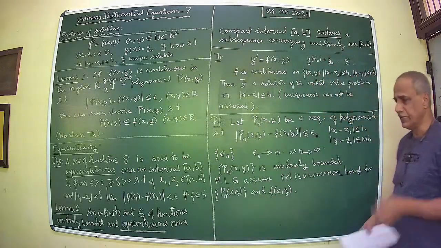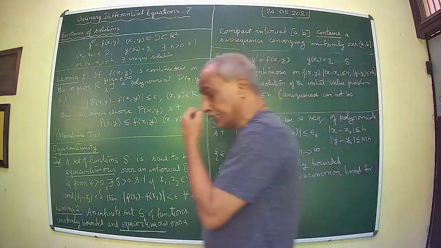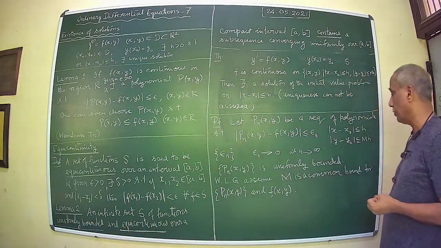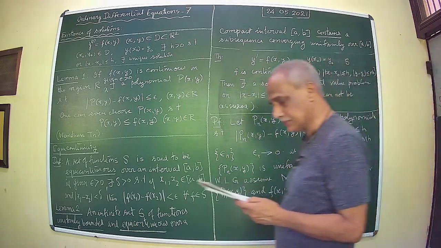So we assume the modulus of Pn(x, y) is less than or equal to M, and the modulus of f(x, y) is less than or equal to M over this rectangle. That's the assumption that we make.